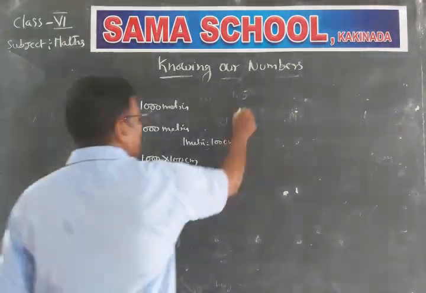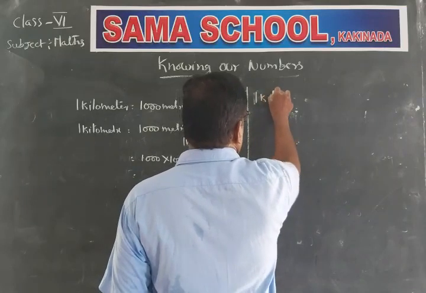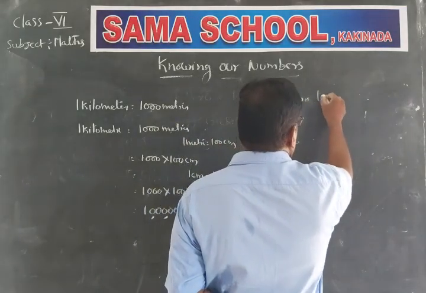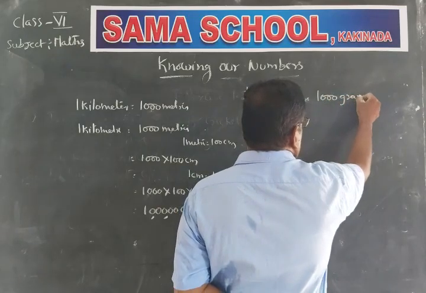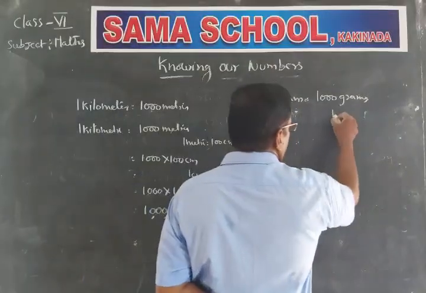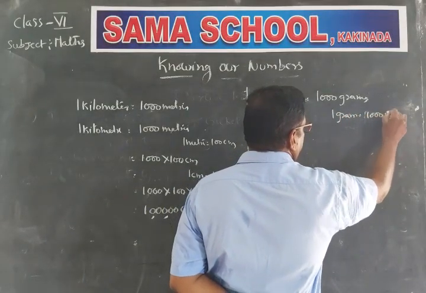Now 1 kilogram converted to milligrams. 1 kilogram is how many grams? 1,000 grams. When you convert to milligrams, 1 gram is equal to 1,000 milligrams.